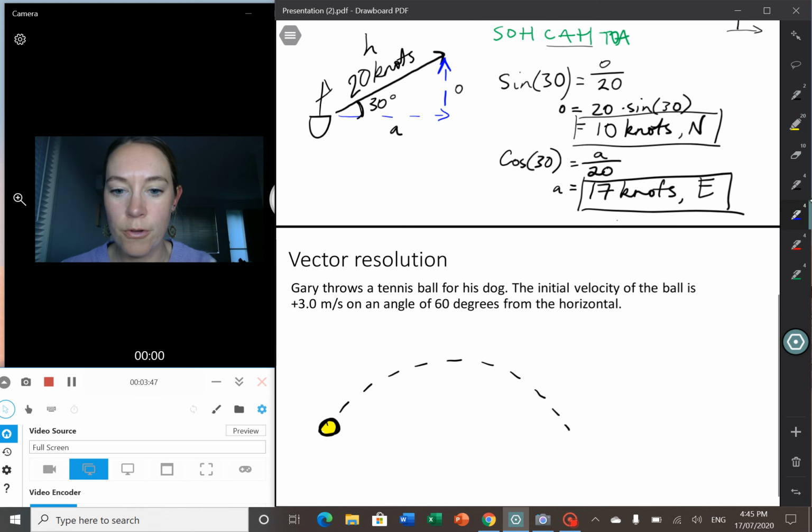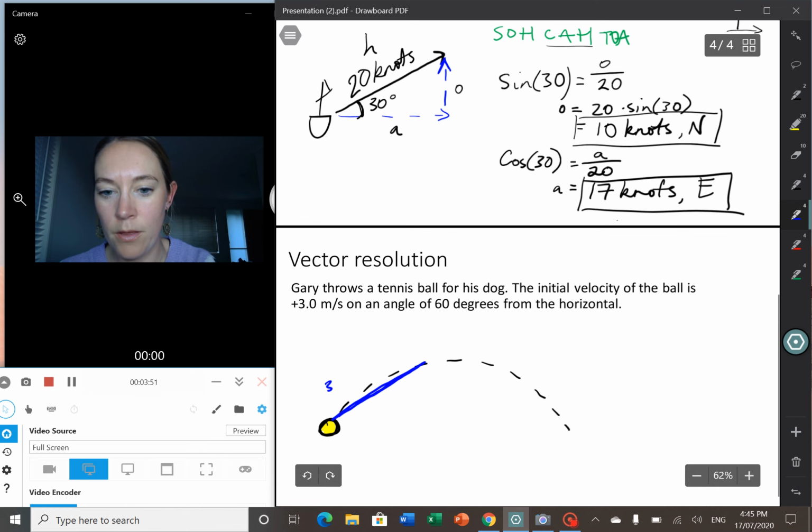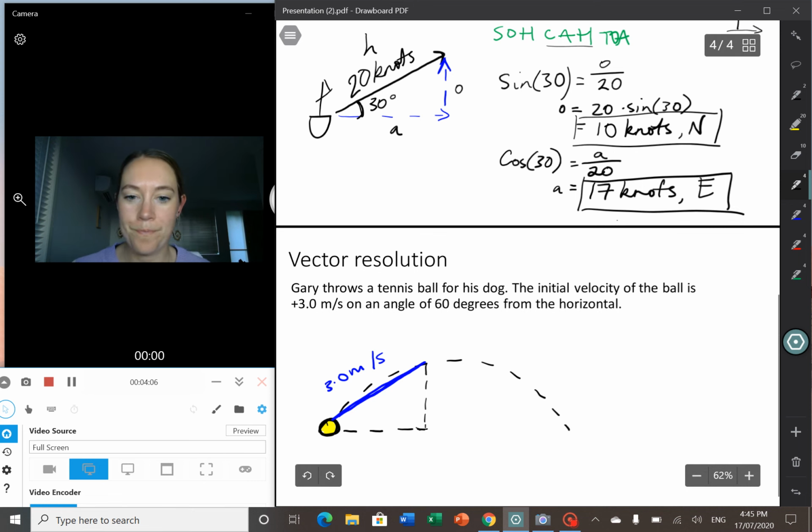And the initial velocity is going to be 3.0 meters per second. And we want to break it down into its horizontal and vertical components.